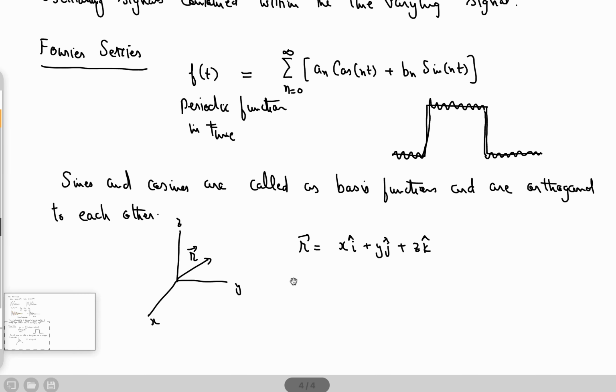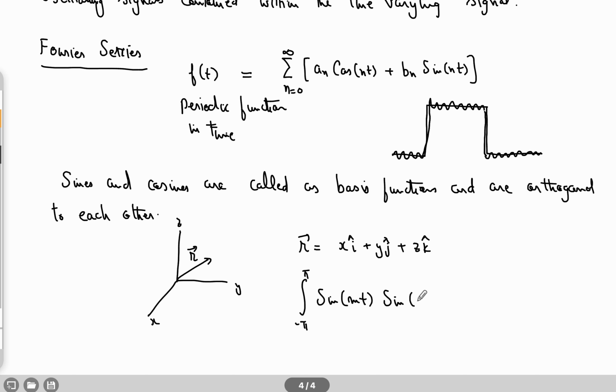So let us see what the orthogonality condition is. We can write the integral from minus pi to plus pi of sin(mt) sin(nt) dt equal to pi times the Kronecker delta mn.